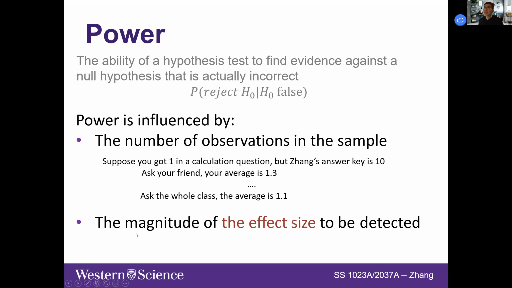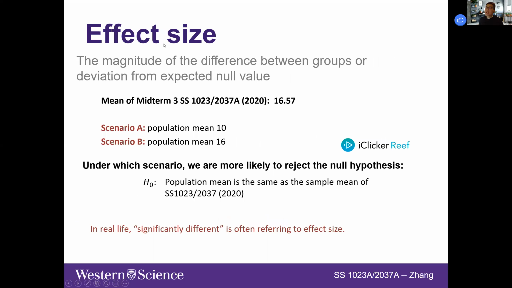Another factor that might influence our power is the effect size. So what is the effect size? The effect size is the magnitude of the difference between our groups and our expected null values. For example, in our case, the difference of our sample mean and the population mean will be our effect size.